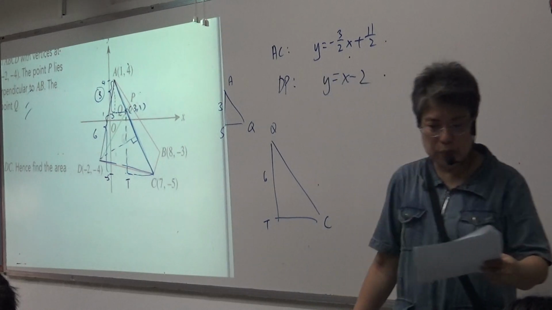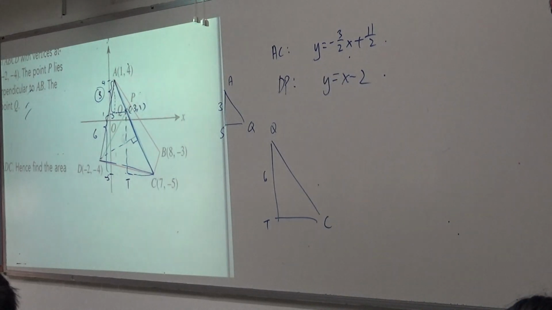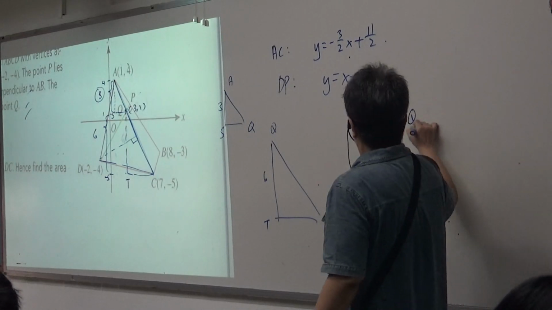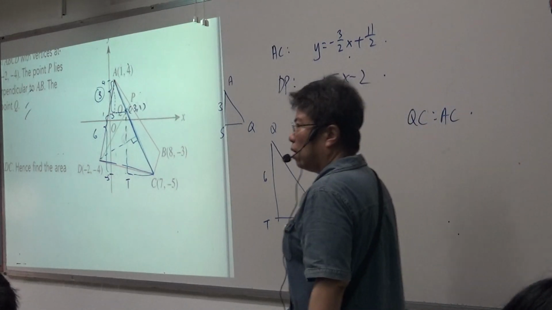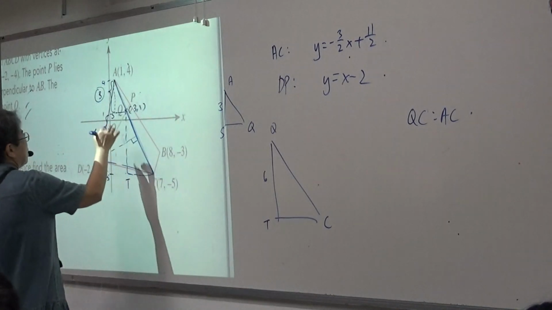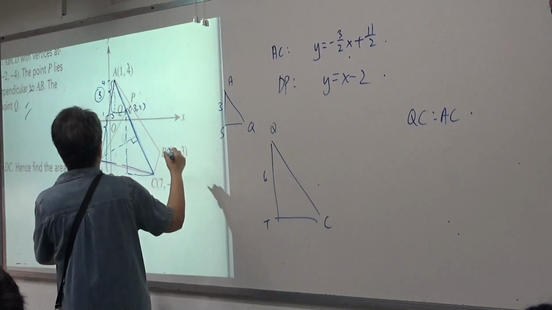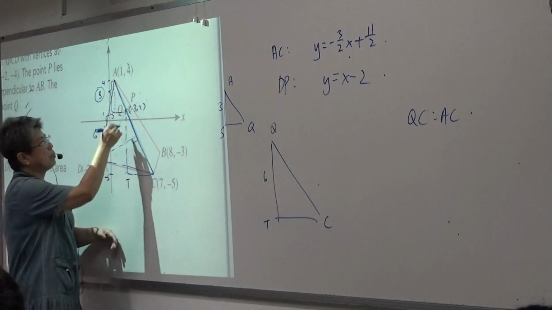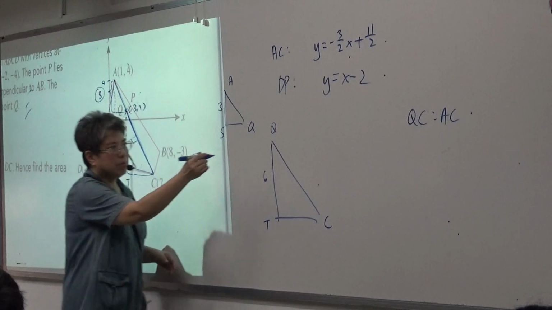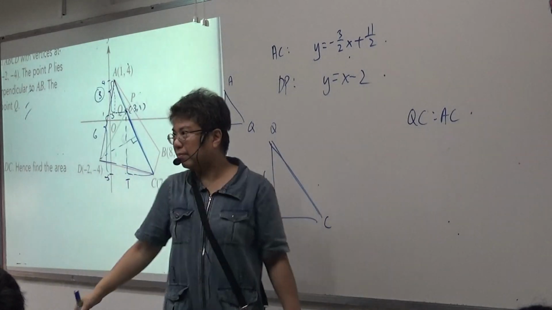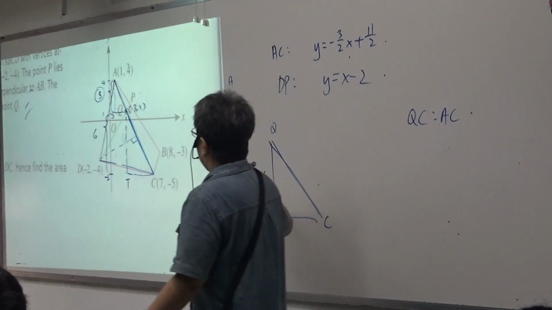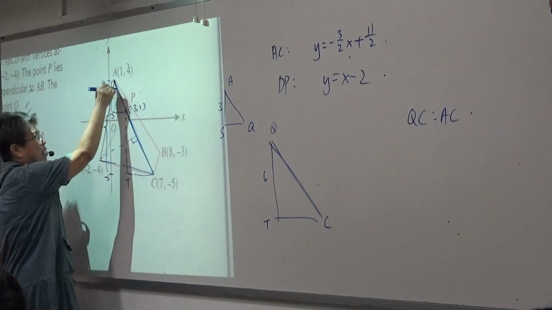Okay, what is question 1 again? Ratio of what? QC to AC. Okay, QC is here, right? That means it's this part, right? What about AC? AC is the whole thing, right?